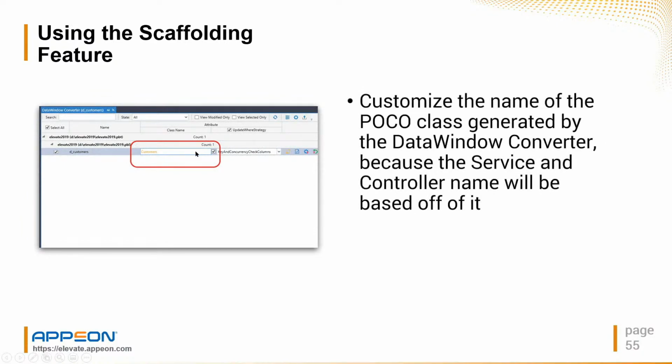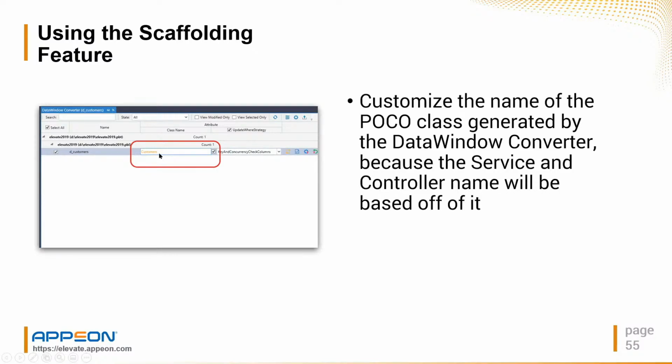Here's where, remember I said by default the POCO object is going to have the name of the data window. Here's where you change that. You click on this expansion icon here, and you go to where you've selected the data window, and it's going to show the data window name here by default.